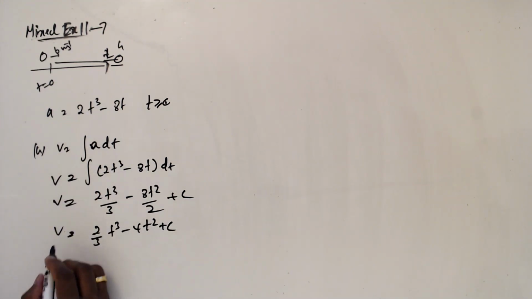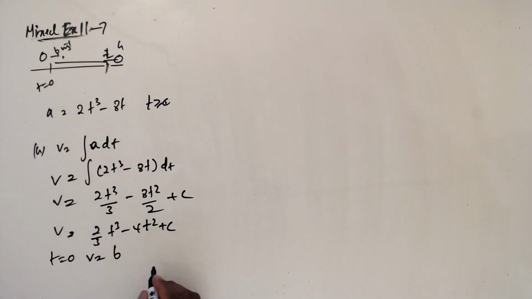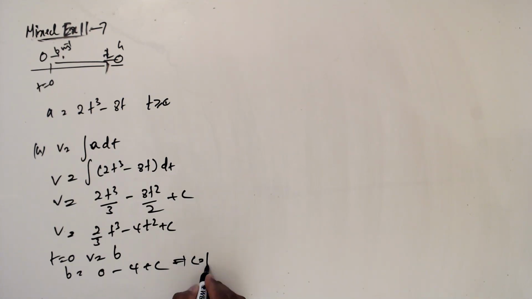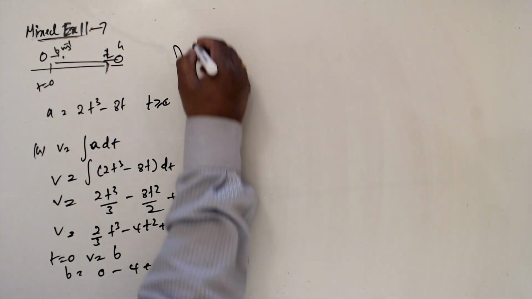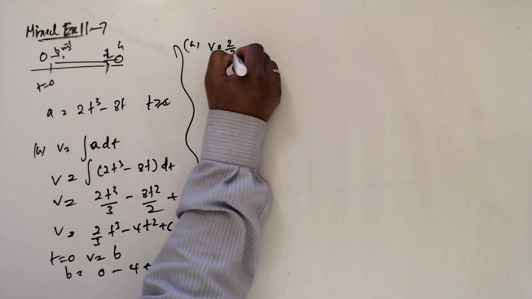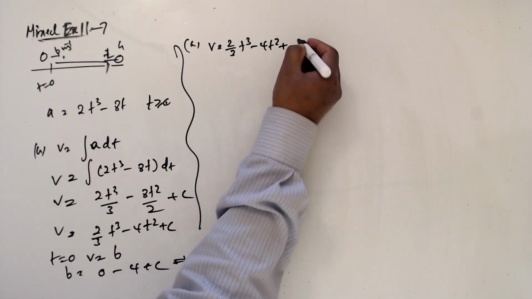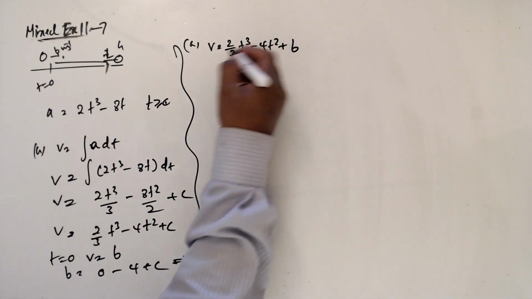And when t equals 0, v equals 6. This is the data given. 6 equals 0 minus 4 plus c. From here we know c equals 6. Now the velocity is v equal to 2 over 3 t cube minus 4t square plus 6.